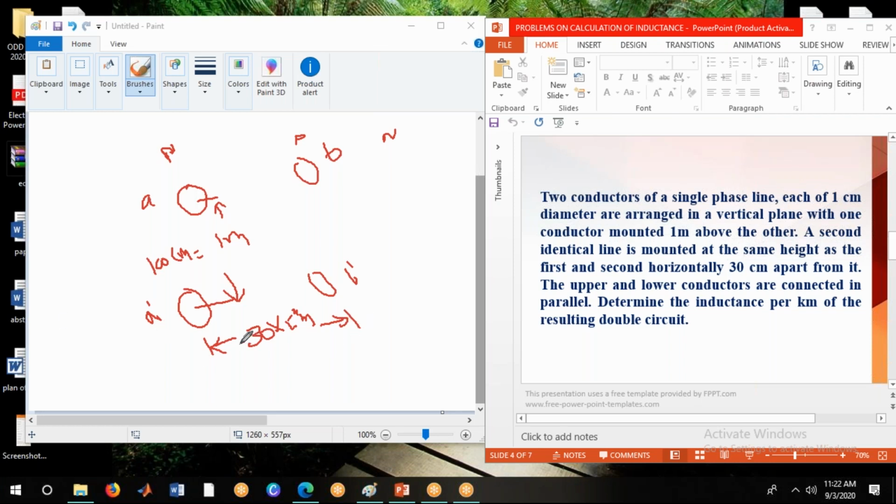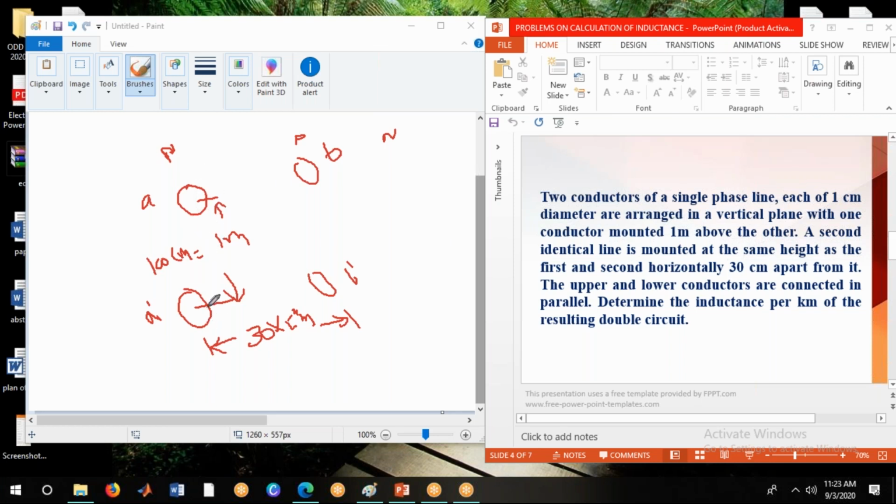So just listen to the question, read the question carefully. They ask, the two conductors of a single phase line, each of 1 centimeter diameter, are arranged in a vertical plane. Vertical means one above the other, with one conductor mounted 1 meter above the other. So first of all, we have to take one single phase line.